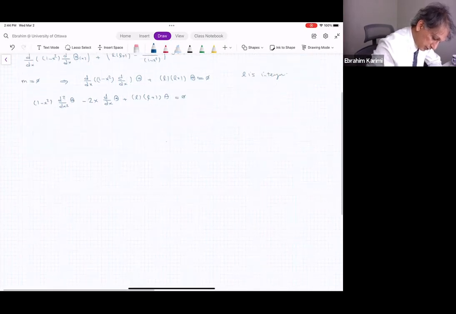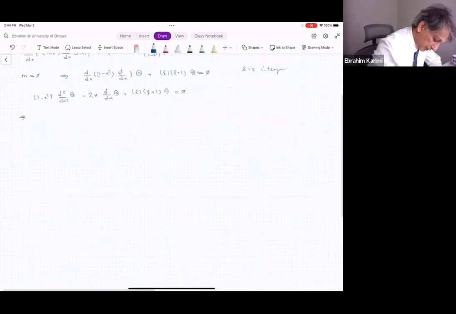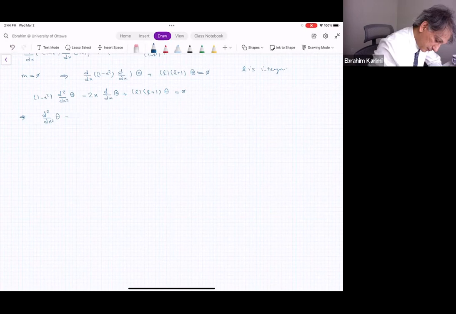Then you divide both sides by 1 minus x squared, then you will get d squared dx squared of Theta minus 2x divided by 1 minus x squared d dx of Theta plus L times L plus 1 over 1 minus x squared of Theta equal to 0.